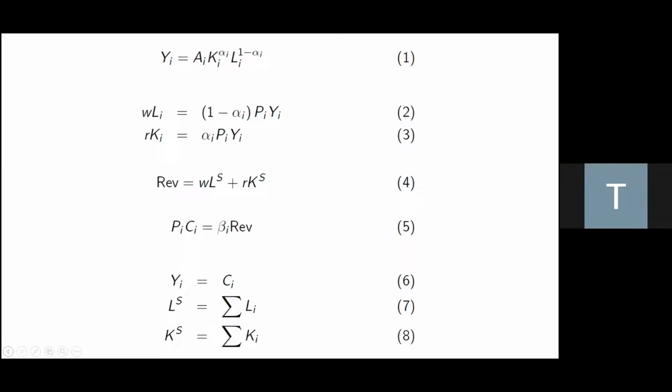The share of revenue that we spend on good i. The good i, yes. Exactly. So that's the share of revenue attributed to a specific good, because I can write this beta as the ratio between P_i C_i over revenue. So it will be the share of budget allocated to good i divided by the revenue. Okay?